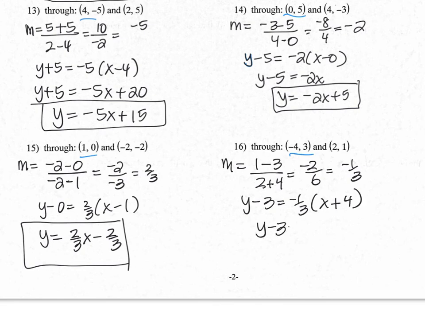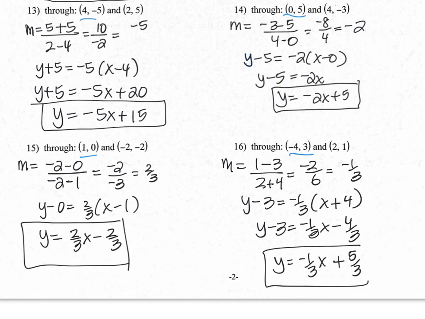So let's see. Oh, this one's not going to cancel with my fraction, but that's okay. This is minus 4/3. Then if I add 3, and you can use a calculator if you need to, negative 4/3 plus 3 gives me a positive, I want to say it's 5/3, so hopefully that's right.